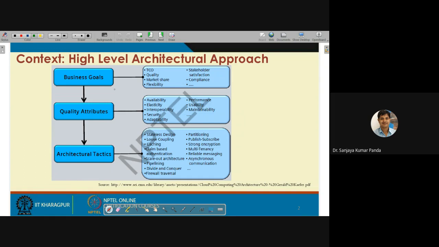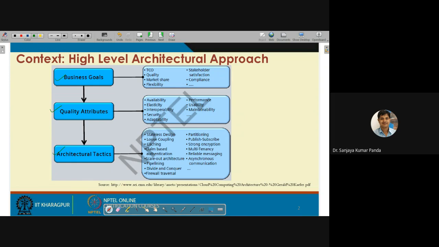Basically, we divide it into three different levels. Like in the previous case, I told you we divided into 4 layers, but here we divide it into 3 layers. First one is called your business goal. Second one is called quality attribute. Third one is called your architectural practice.